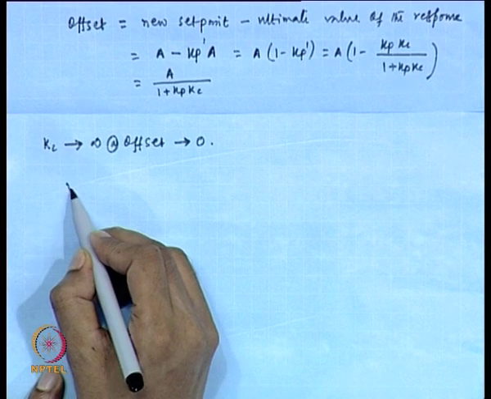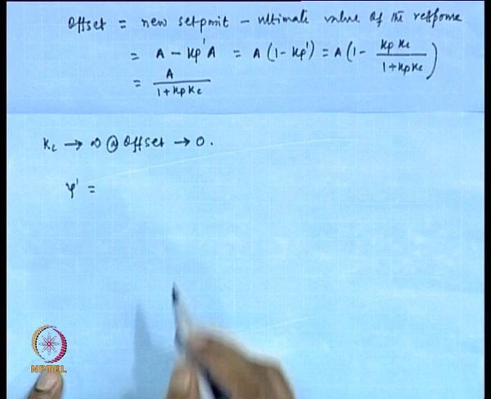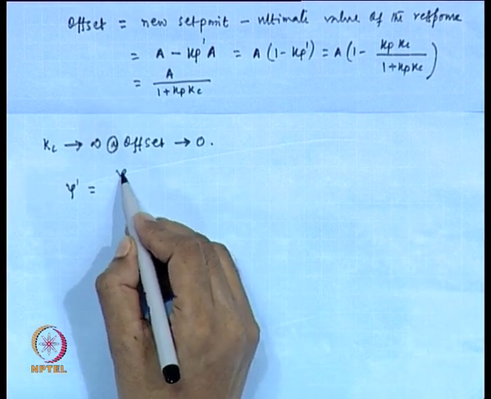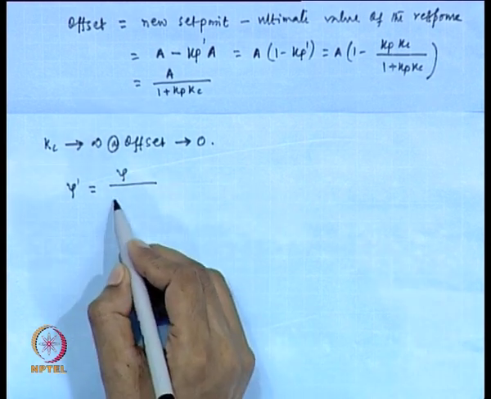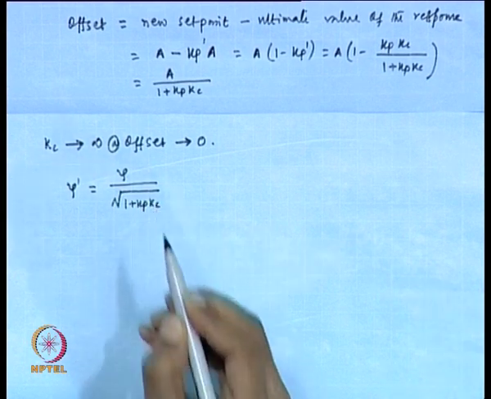Now, we will produce one plot to observe the dynamic behavior of the closed loop process. We obtained the expression of zeta prime as zeta prime equals zeta divided by root over 1 plus Kp Kc.